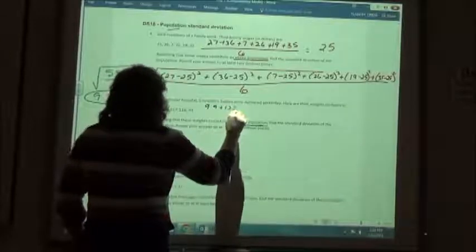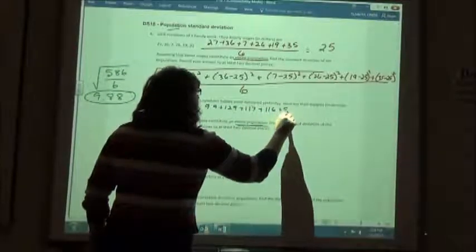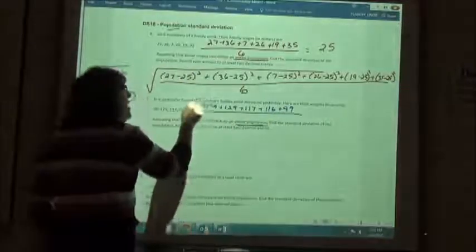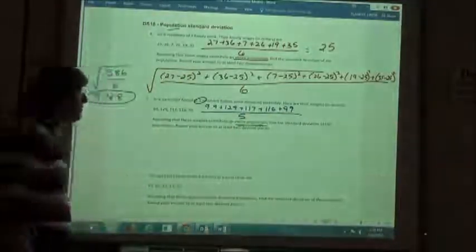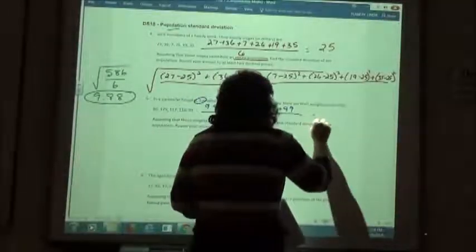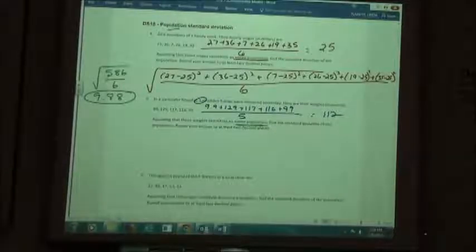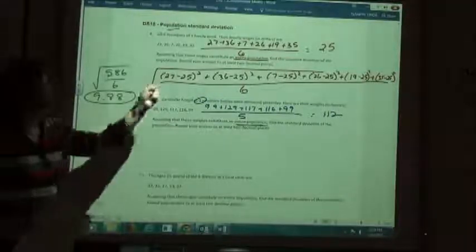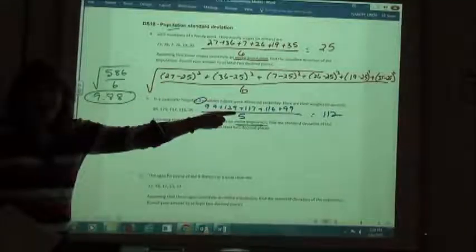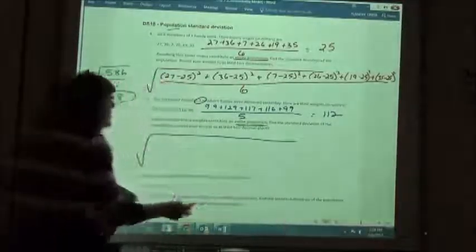99 plus 129 plus 117 plus 116 plus 99 and divide them by, this time, 5. You get 112, that's what I got, good. 112. Now we have to plug them into our formula. So we're going to do each of our values minus the mean and square them under this big square root.